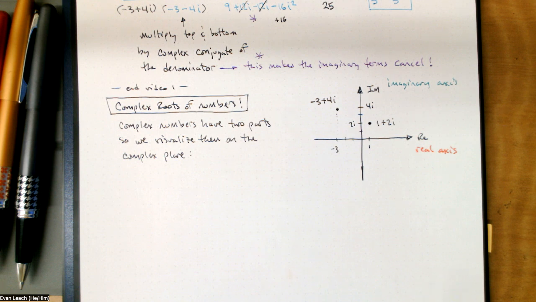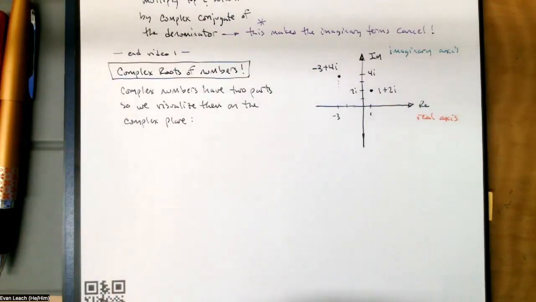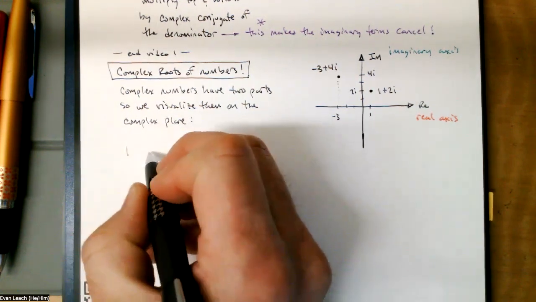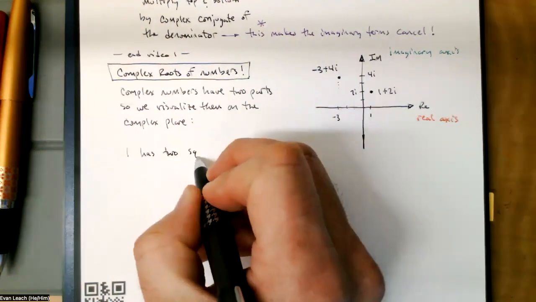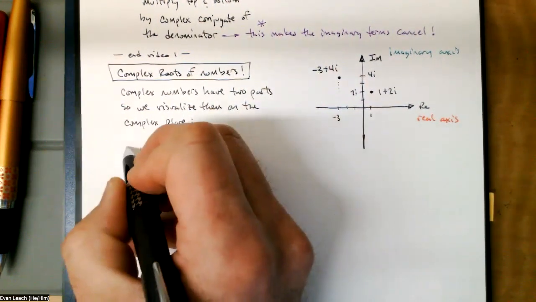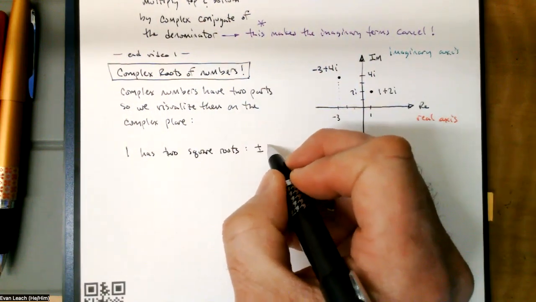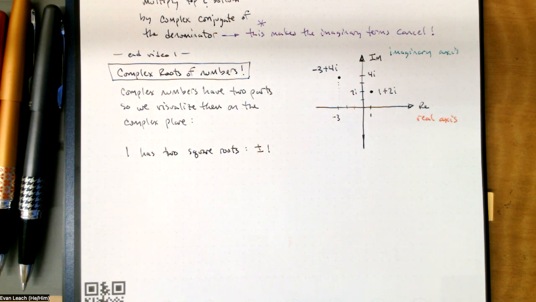Now I want to look at some stuff. The number 1 has two square roots, plus and minus 1. 1 squared is 1, -1 squared is 1.